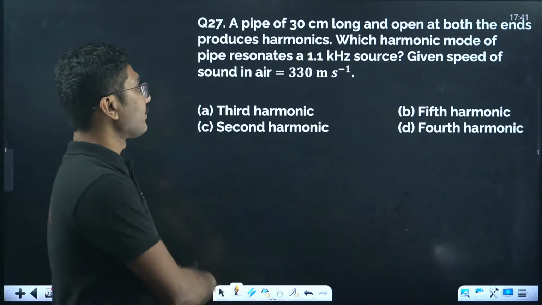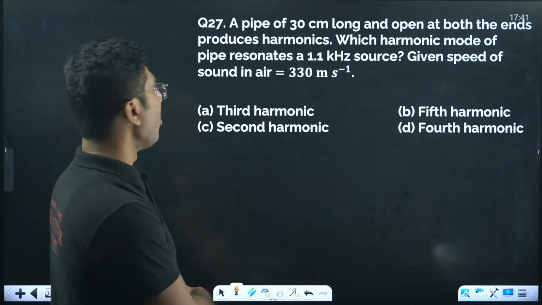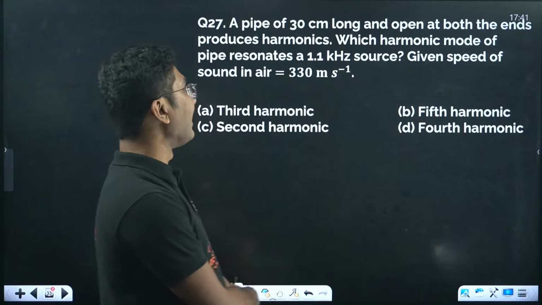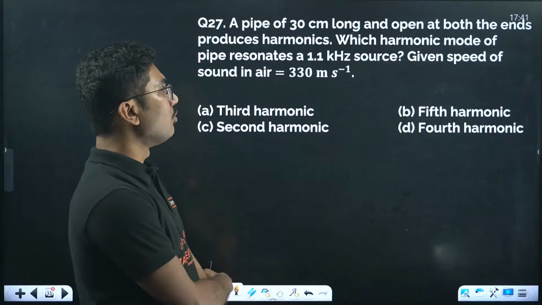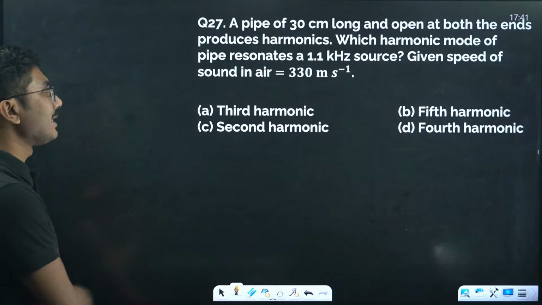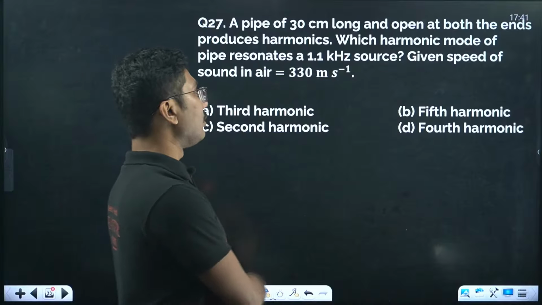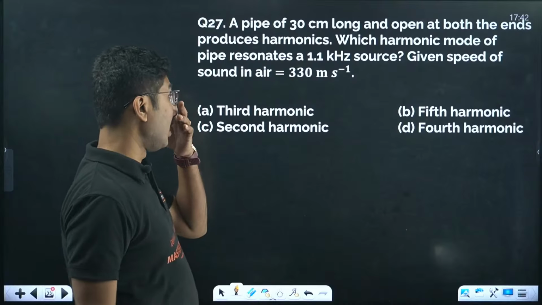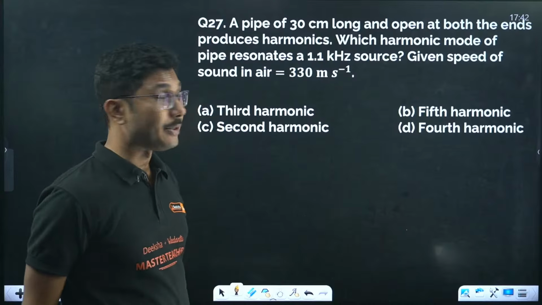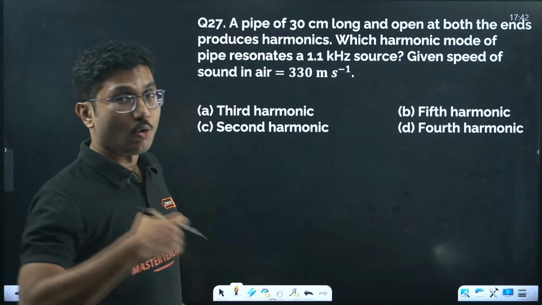A pipe of 30 centimeter long, open at both ends, produces harmonics. Which harmonic mode of the pipe resonates at a 1.1 kilohertz source? Given the speed of sound in air is 330 meter per second. Okay, so now open pipe, closed pipe.